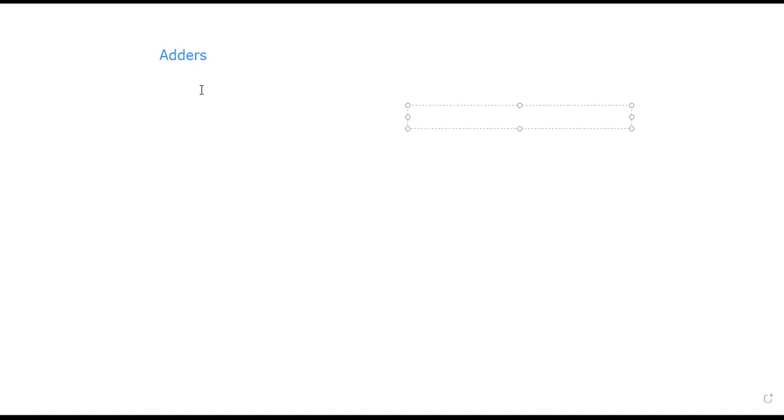When it comes to adders, we need to know first of all what an adder is.